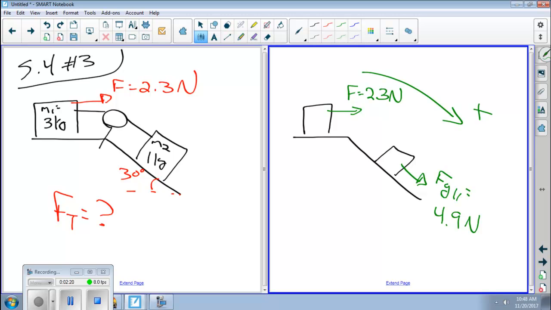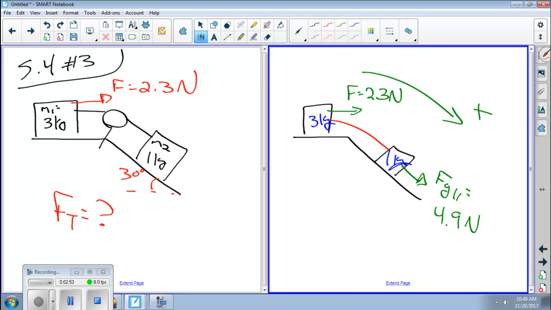I can quickly see that it doesn't by putting in these masses. If this is 3 kilograms and this is 1 kilogram, which box is going to accelerate faster? The 1 kilogram one, right? Because it's got less mass and more force on it. So I can quickly see the rope's not going to go slack, because if they weren't attached, the bottom block would go faster. The fact that there's a rope attaching them means they're going to move together.